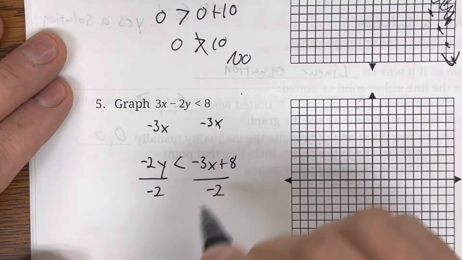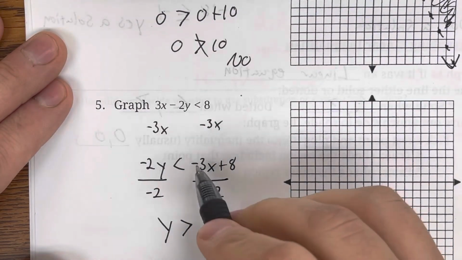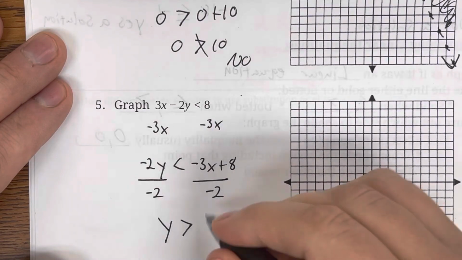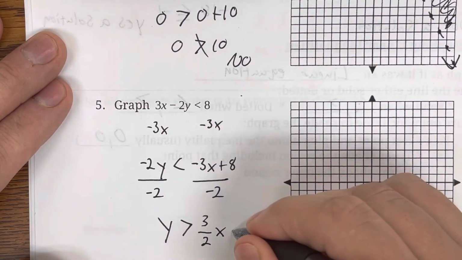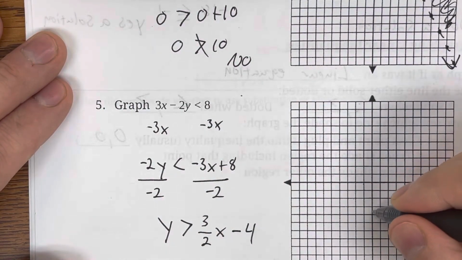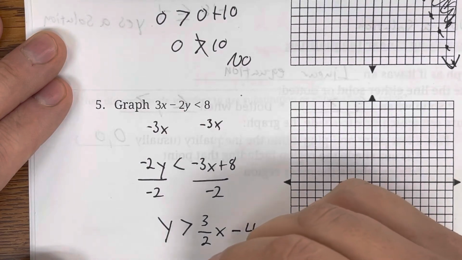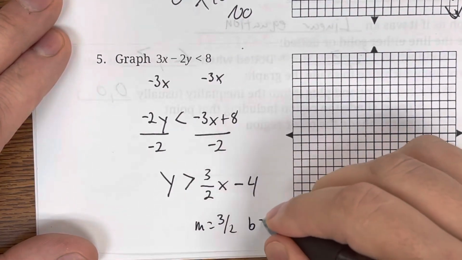I'm dividing both sides by a negative, so I have to flip the sign. Negative divided by a negative is a positive 3 over 2. And 8 divided by negative 2 is negative 4. So our y-intercept is negative 4, and our slope m is equal to 3 over 2. B is equal to negative 4.